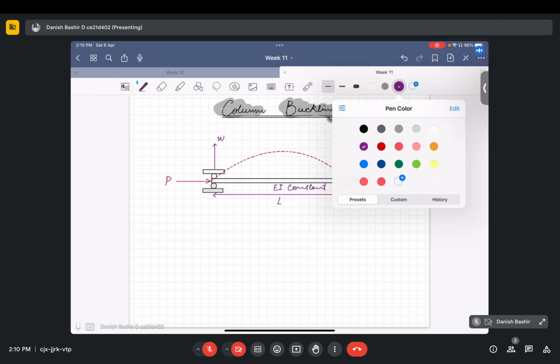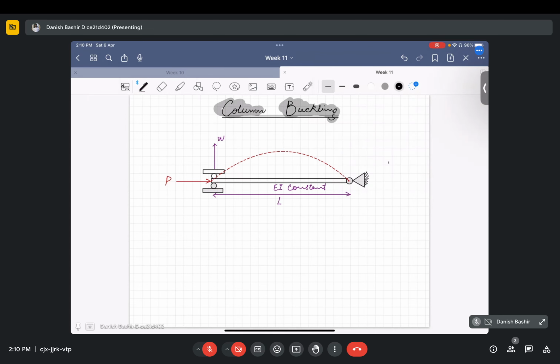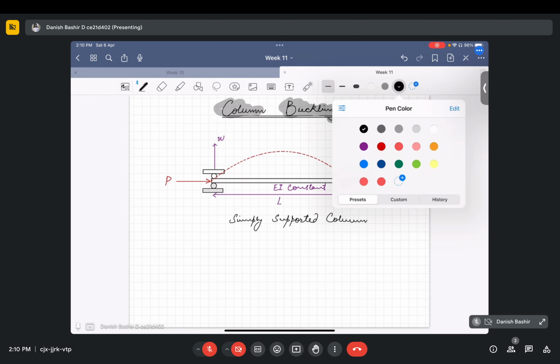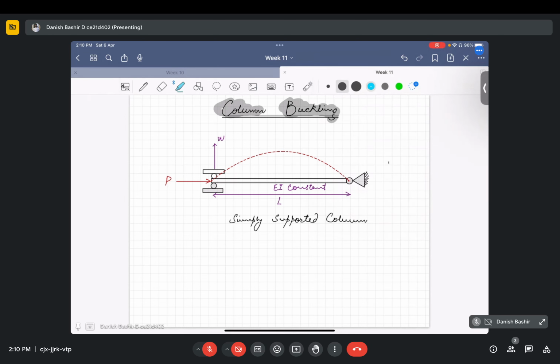So this is the case of a simply supported column.